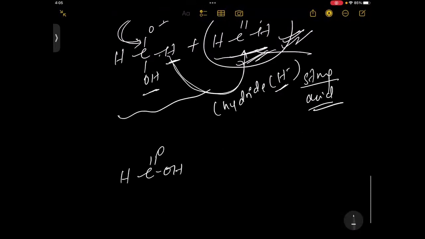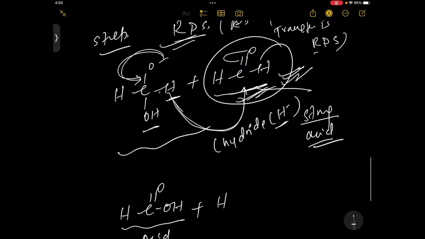Along with that, since the H shifts here, that bond will break, and you will get H3CO negative, the methoxide ion.